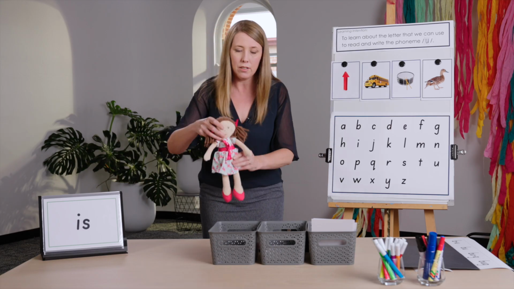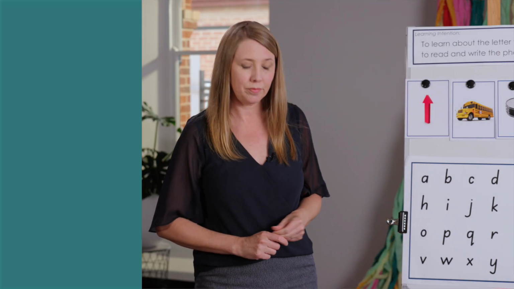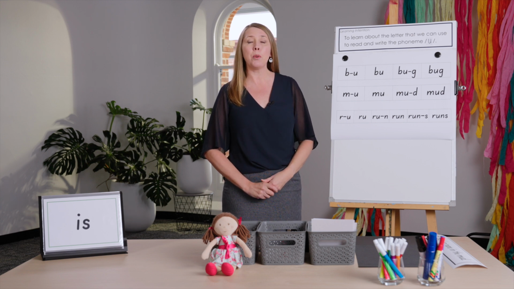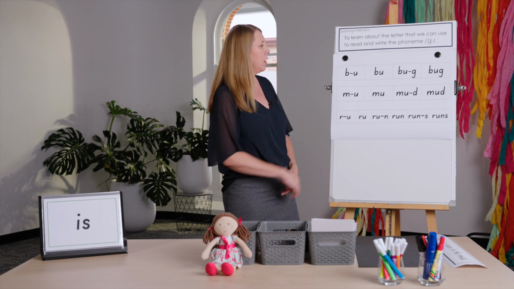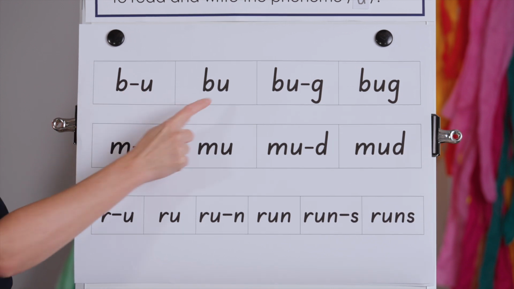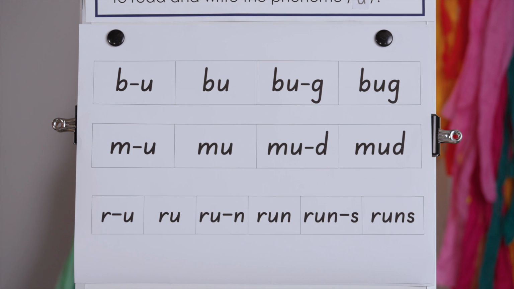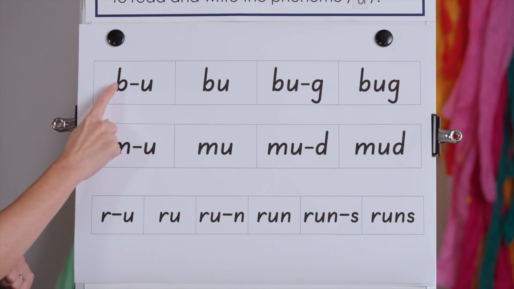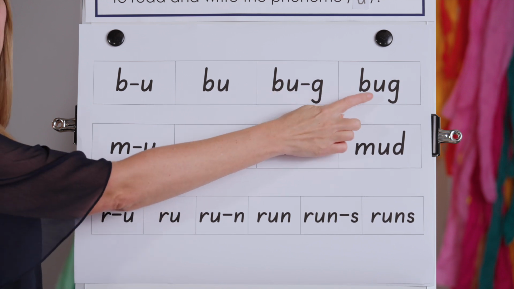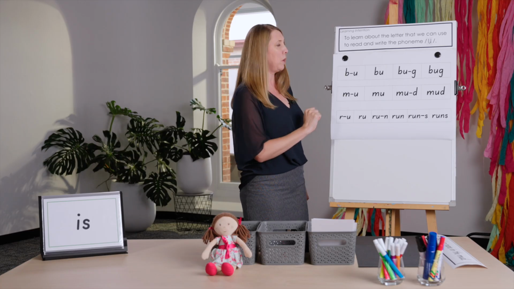It's time to read some sentences now that have lots of words with /u/ in them. So I'm going to get Lucy to sit down over here while I clear the board. Before we read our decodable sentence, let's read some of the words that are in that sentence. Remember, when there's a line, we need to say the graphemes separately, and when there's no line, we blend them together. Let's do the first word together. Bug. Let's do that one more time.